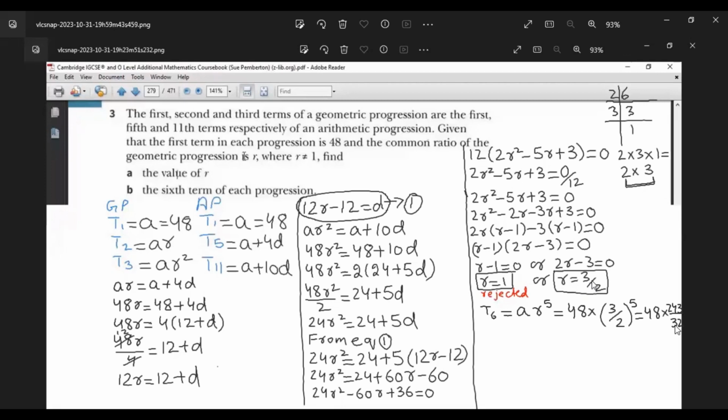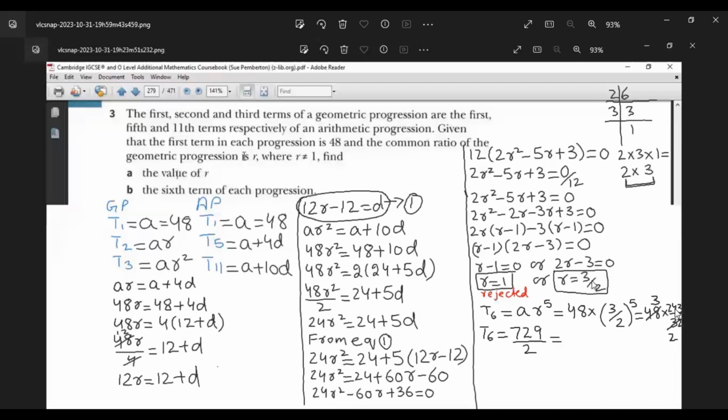How will I simplify it first? I can simplify it by 16. 16 twos are 32, 16 threes are 48. So when I simplify it, T6 will be 3 into 243, which is 729 over 2.